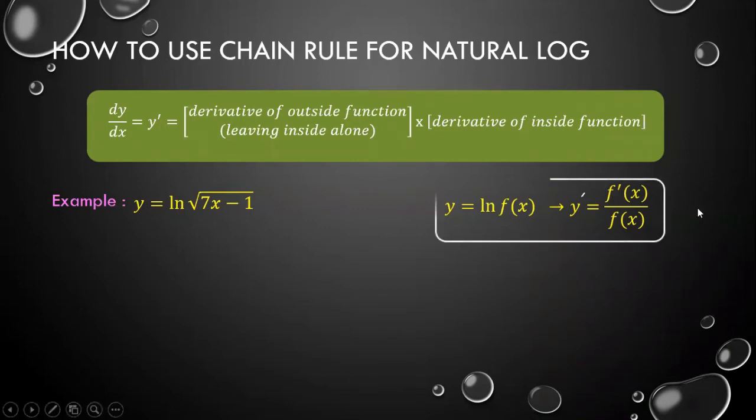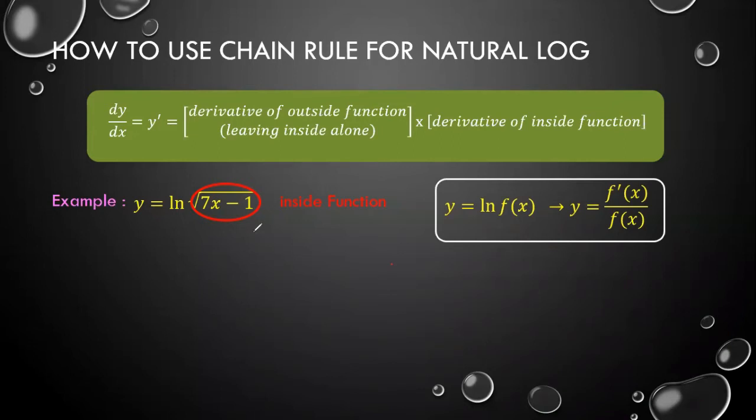Okay, students, now we go to the question of how to differentiate this function. The square root of 7x minus 1 is the inside function, but we can simplify it to be (7x minus 1) to the power of a half, right?